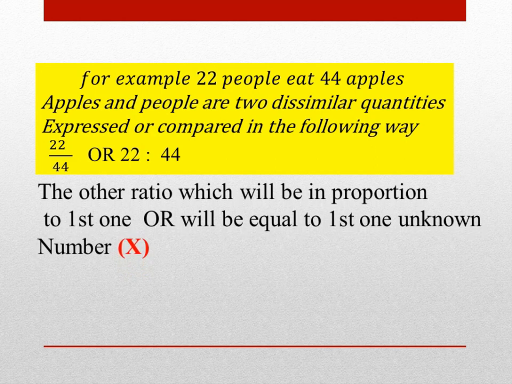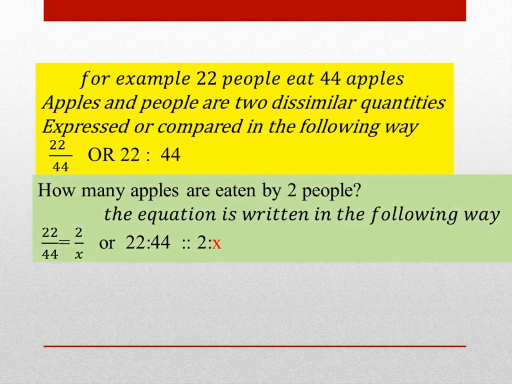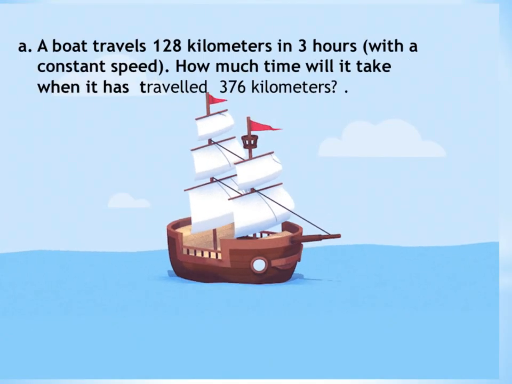For example, I write 22 upon 44 is equal to 2 upon x. Here, the unknown x can be found easily by using the property of product of extremes equals product of means.